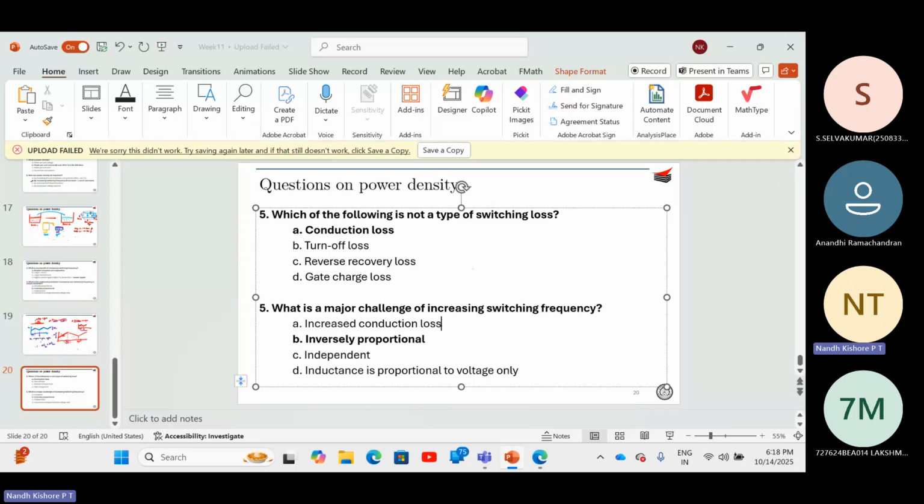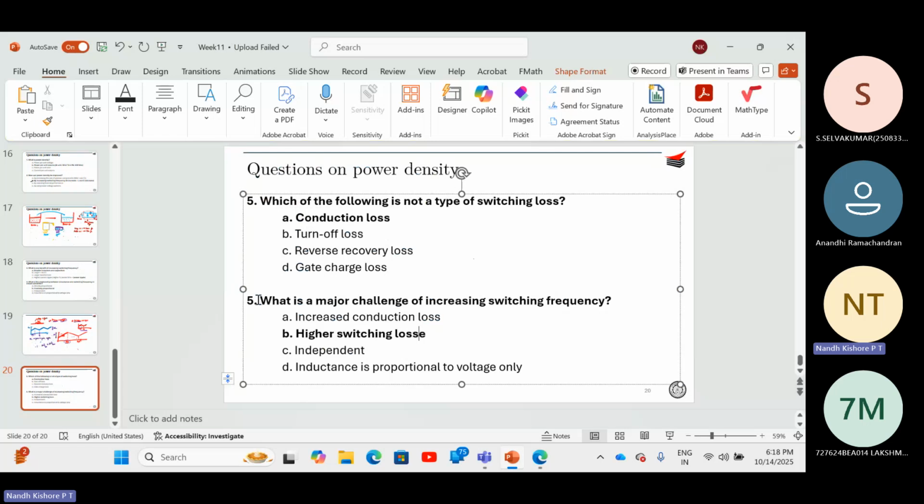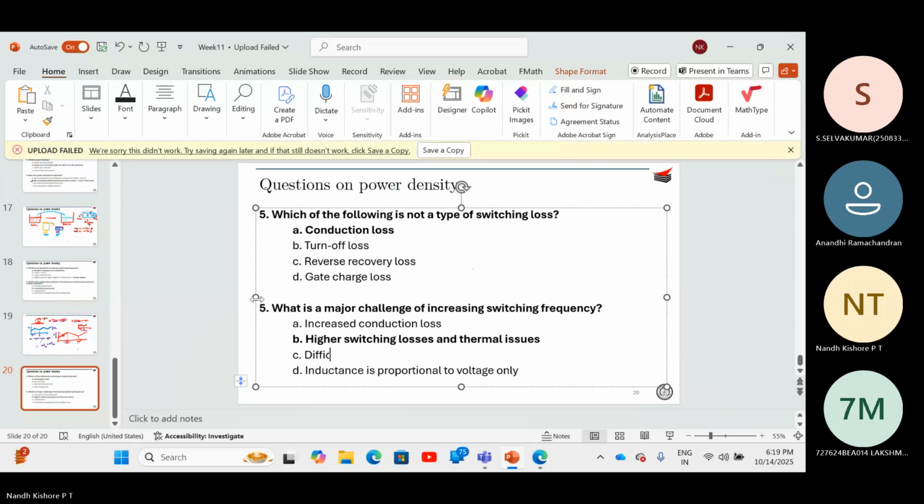The options are: increased conduction loss; higher switching loss and thermal issues; difficulty in controlling voltage.